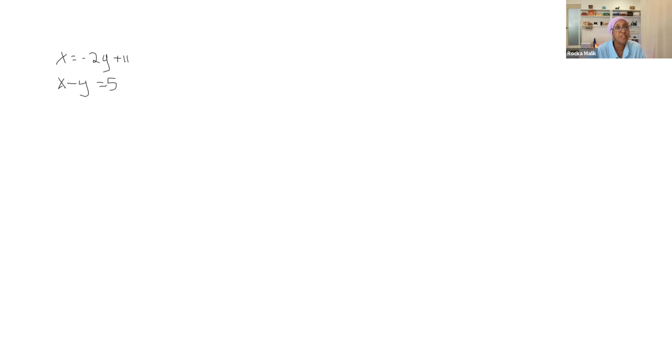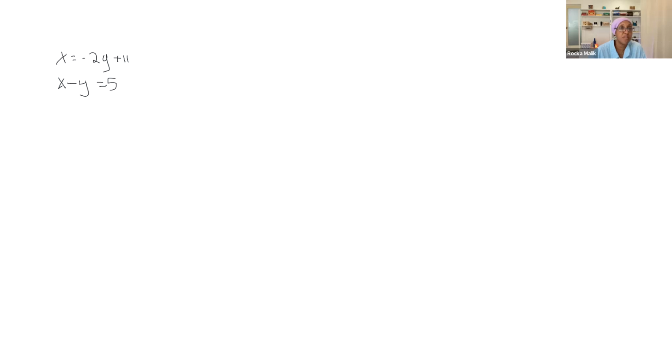You can see the bottom equation is in standard form, which is the X business, the Y business, the equal, and then the number. This one is in nothing form, because if it was point slope or slope intercept, it would be Y equals and that stuff. So we can decide if we want to take this to the other side and then solve it, which you are free to do.